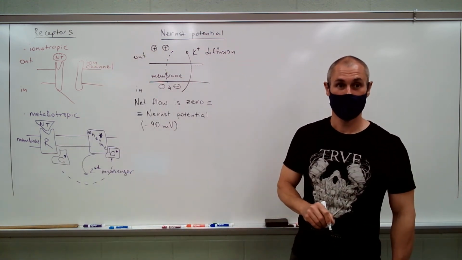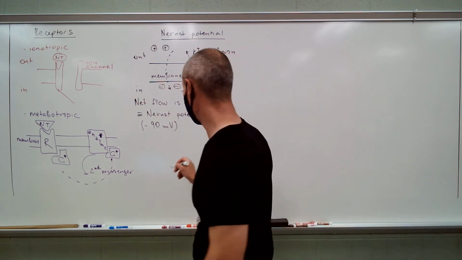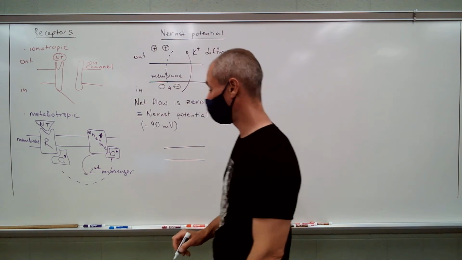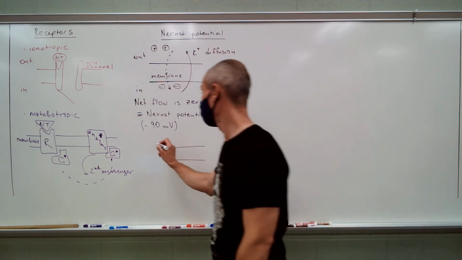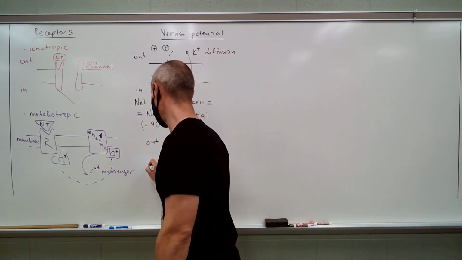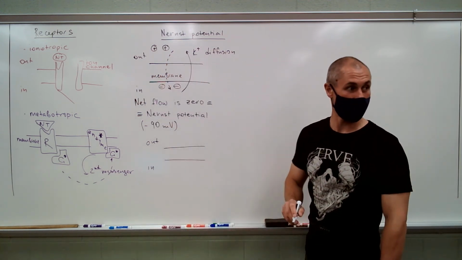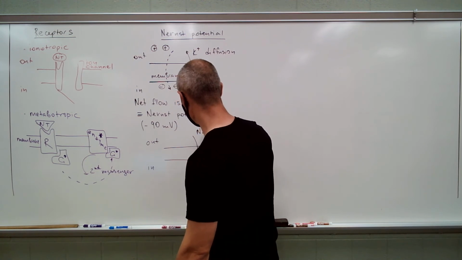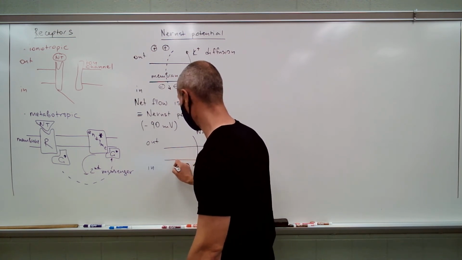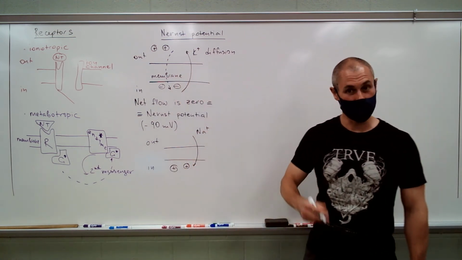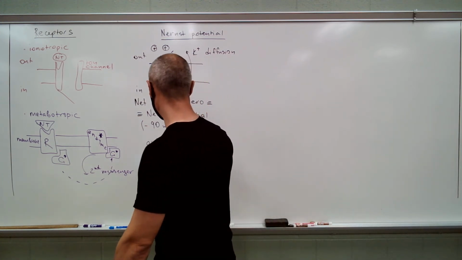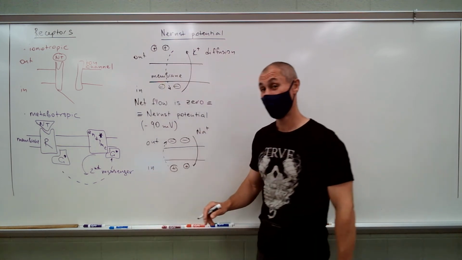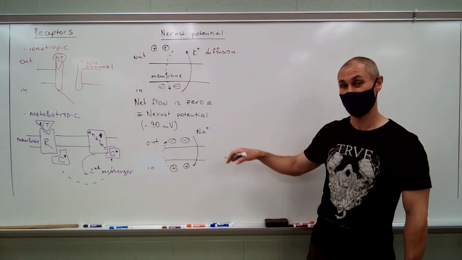Okay? Now, what if we do the same story for sodium? Sodium will diffuse how? Outside in, bringing positive charges in and leaving negative charges outside. Where do we measure the potential?